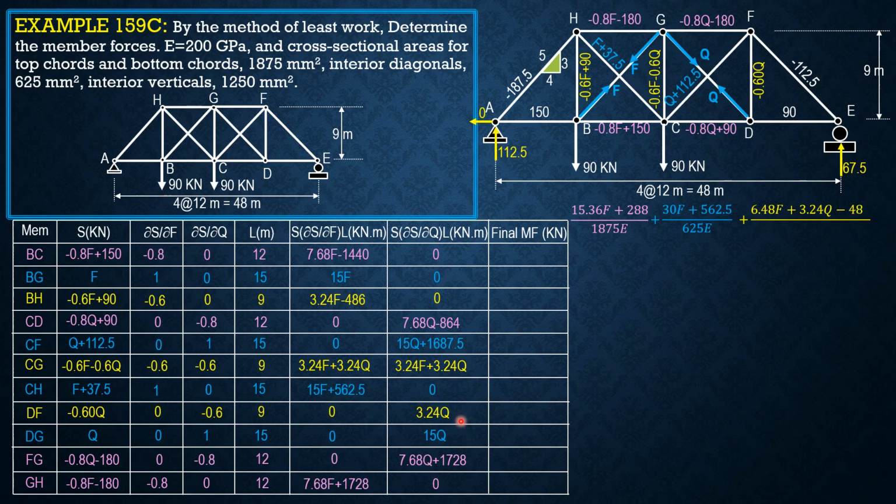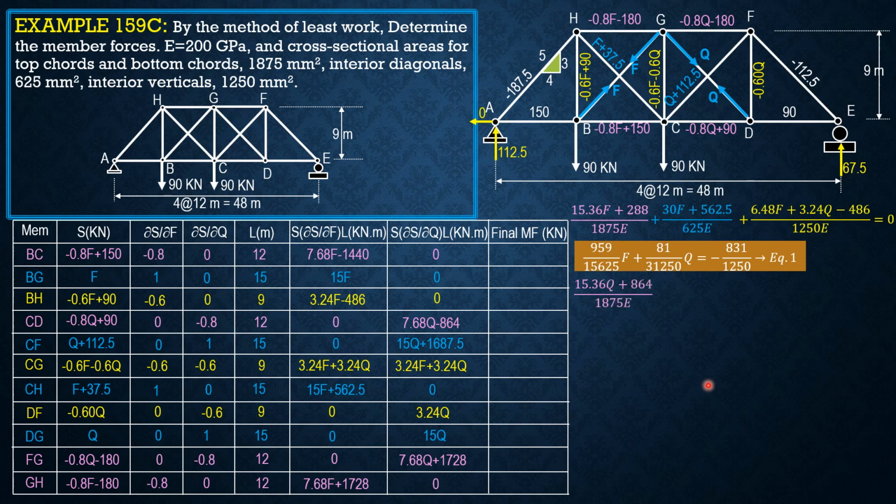And for the yellow, 3.24F plus 6.48Q over area 1250E equals 0. Again, cross multiply E, so 0. E will vanish. Then combine F's and Q's, so 3.24F over 1250. Then the Q's combined, so we have 81 over 31250F plus 959 over 15625Q equals negative 3951 over 1250.